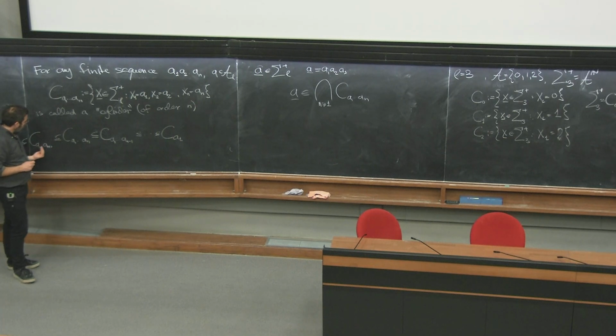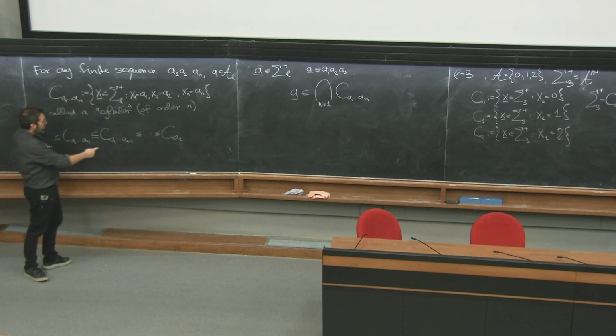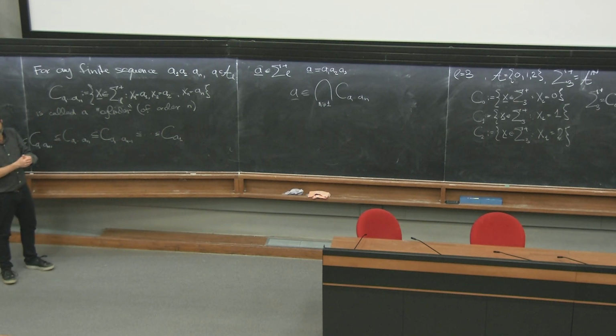The bigger we take n, these cylinder sets not only are nested, but their diameter is going to 0. So you would expect that if the diameter is going to 0, then there can only be one point in the nested infinite countable intersection, which is true.